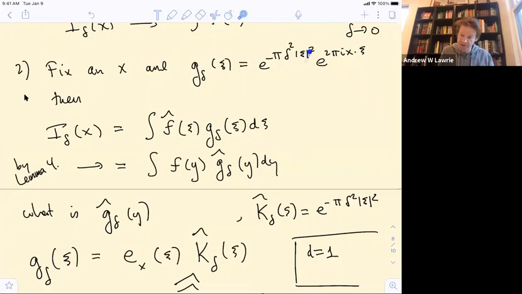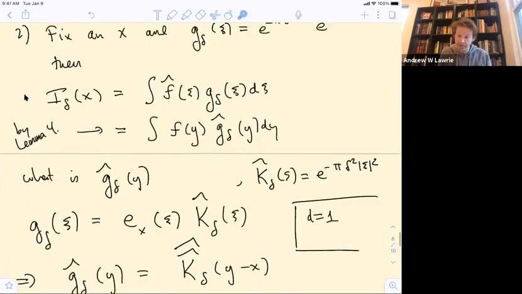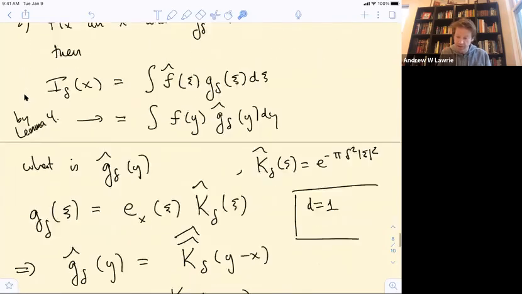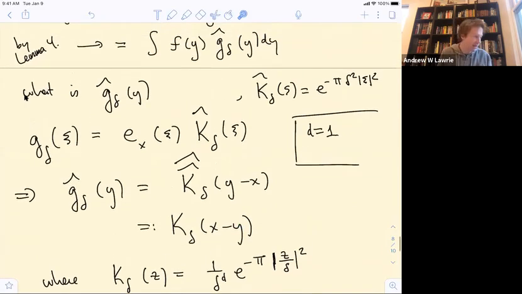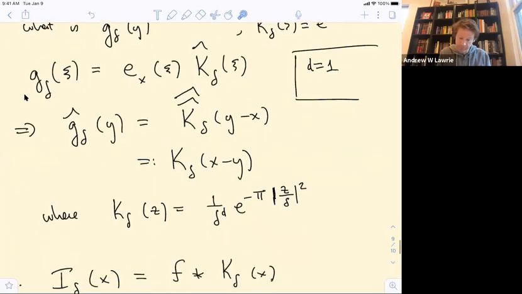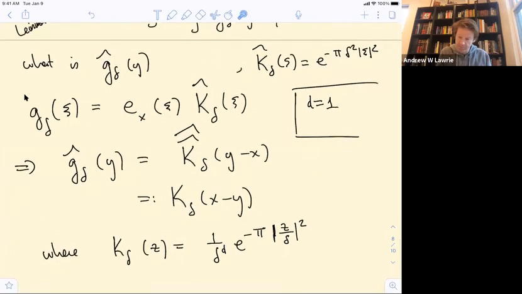G delta was this Gaussian times this phase function. We take the Fourier transform, and it ends up being just the Fourier transform of this object, translated. And the Fourier transform of this object is a Gaussian that's rescaled by delta.